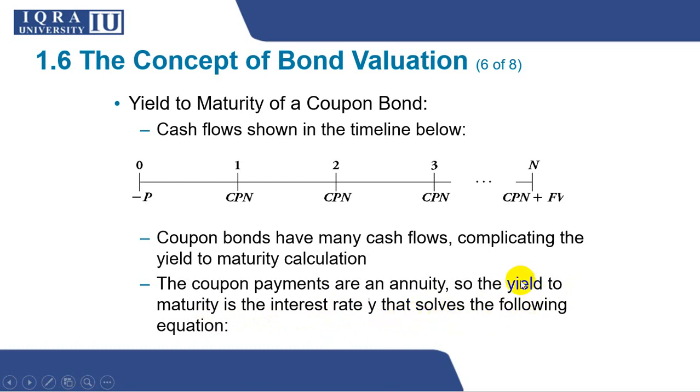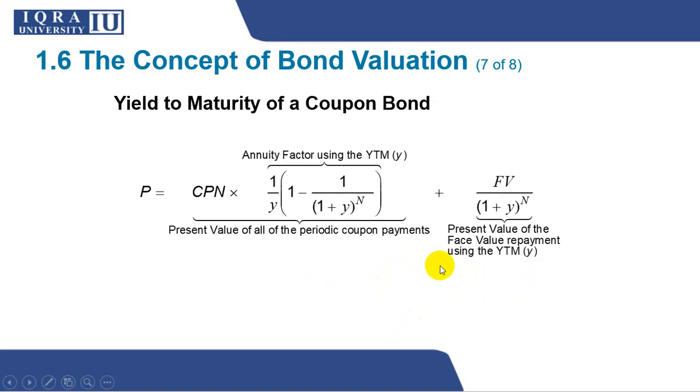An annuity is basically a stream of cash flows over a longer period of time. You will study annuity in the time value of money chapter, so you will know it. Here we are just taking the concept.